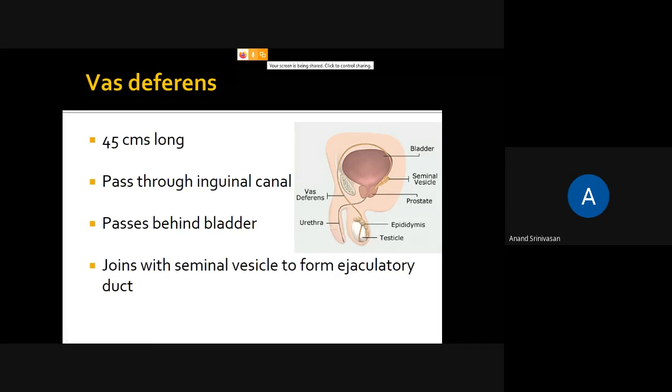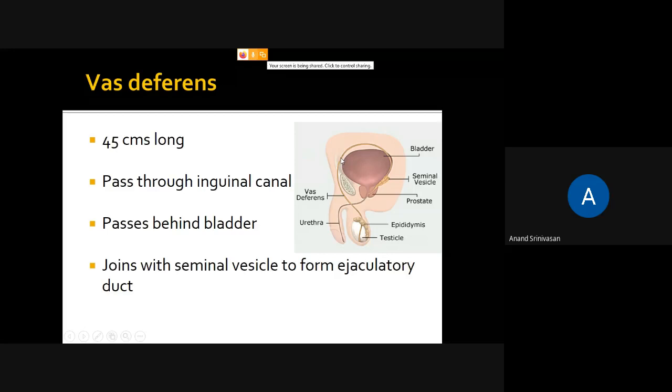You can see this vas deferens. It is a very long structure, approximately 45 centimeters long. It enters through the spermatic cord into the inguinal canal. There is a canal in the anterior abdomen.